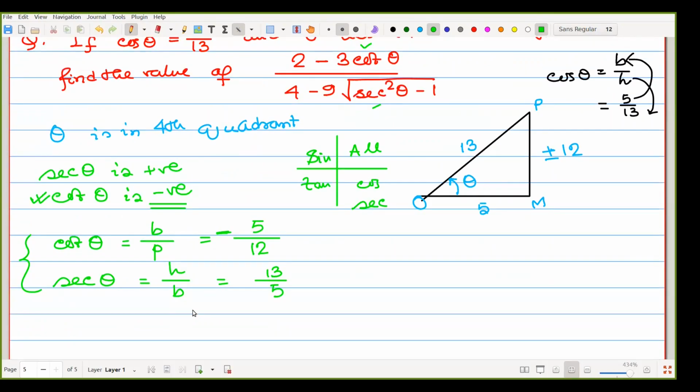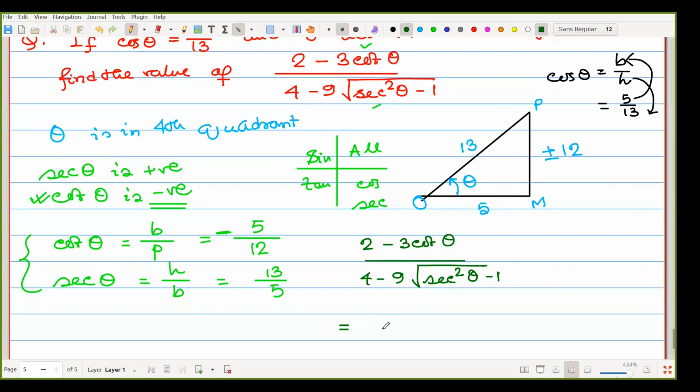So find out the value of that particular function, 2 minus 3 cot theta over 4 minus 9 square root of sec square theta minus 1.